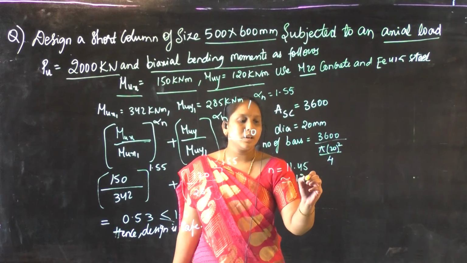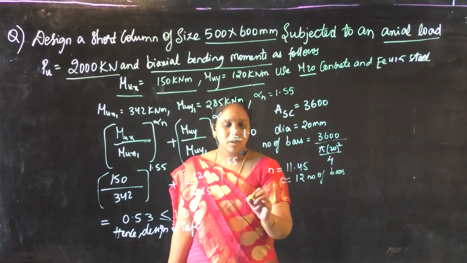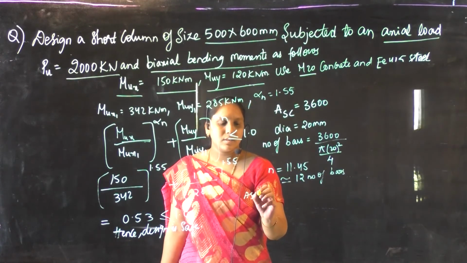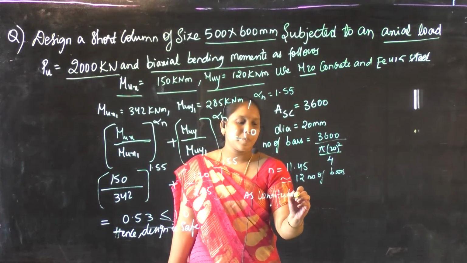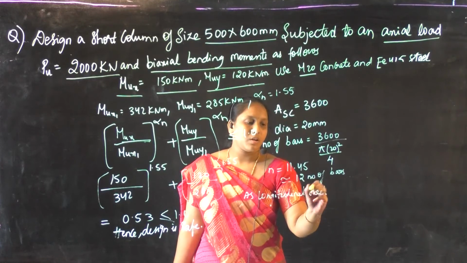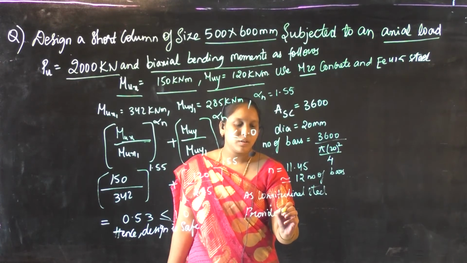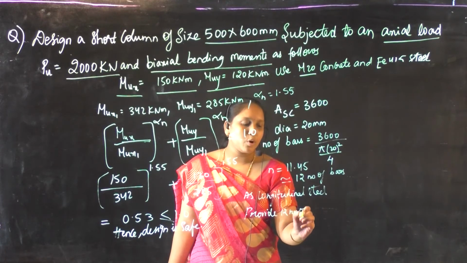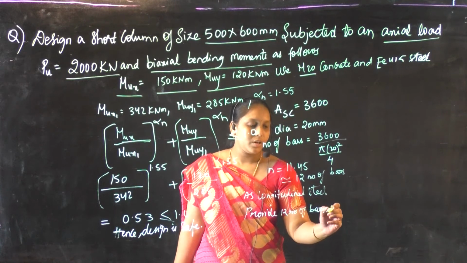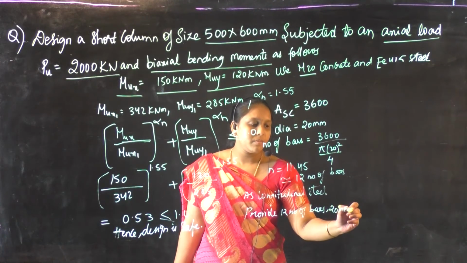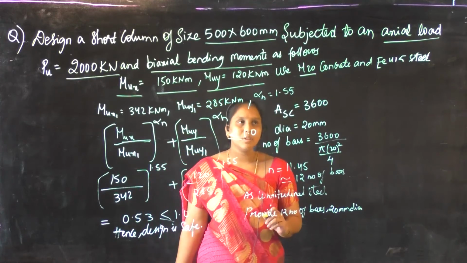Approximately we can take 12 bars. So as longitudinal steel, provide 12 bars of 20 mm dia.